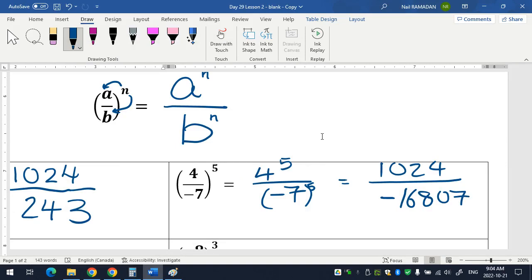Should I leave it like that? It's not wrong, but should I leave it like that? Not can I, should I? Do math teachers ever go with a negative at the bottom? Where are the only two locations you can put the negative? Beside or above. So you can either write it this way, which is my favorite, to be honest. I like to put the minus with a number.